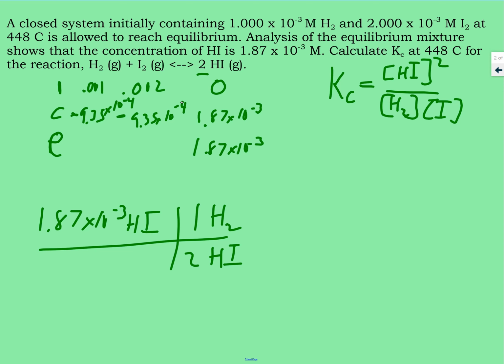And they're both negative because they're going to be used up. This gives me 6.5 times 10 to the negative fifth. This minus that, this minus that. It's going to give me 0.00165 molarity.